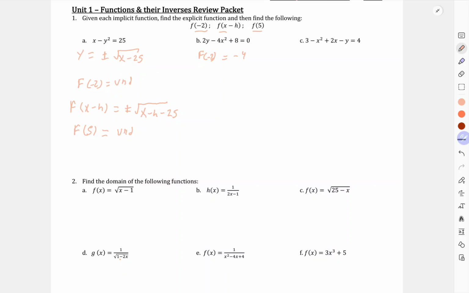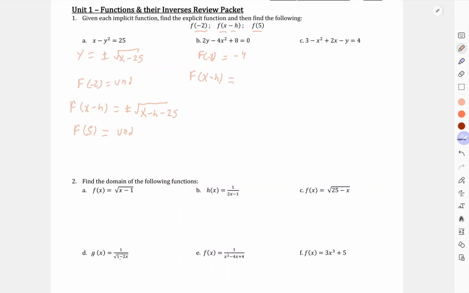Okay, we have to go after this one, the x minus h, right? When you go after x minus h, you just plug this in. You plug it into this.